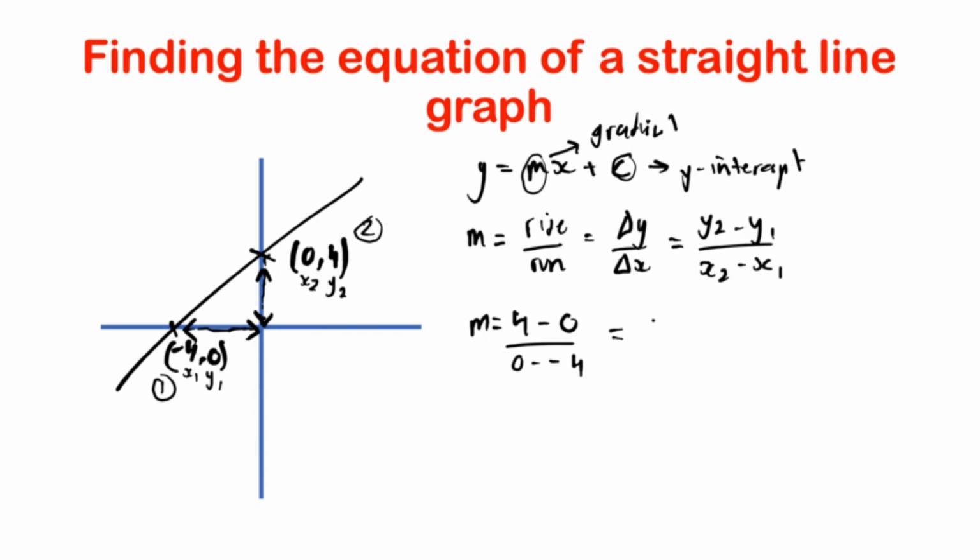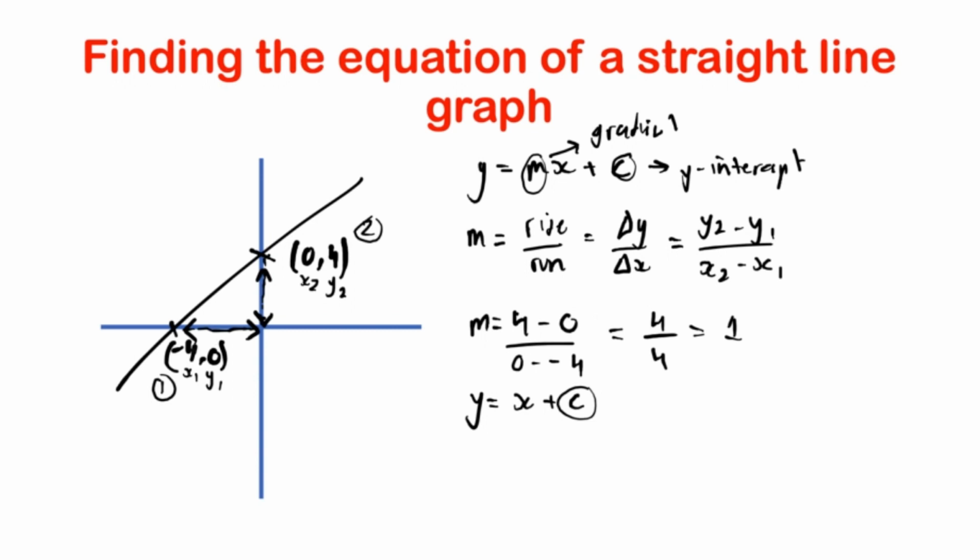So this would give you 4 over 4, which is 1. So the gradient is 1. So when you substitute m with 1, it will give you y equals x plus c.